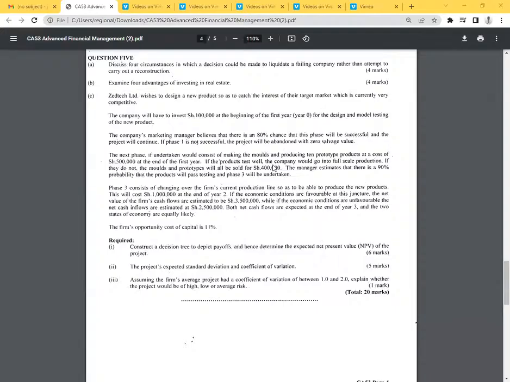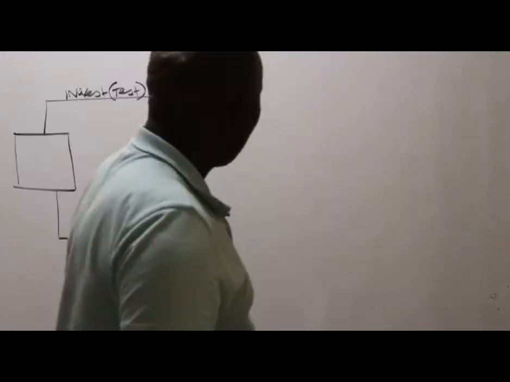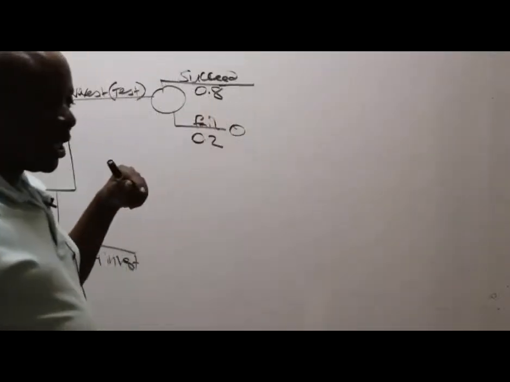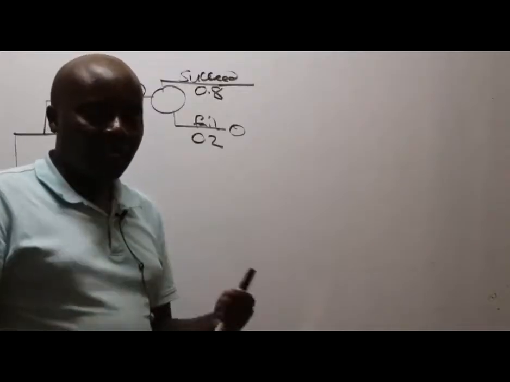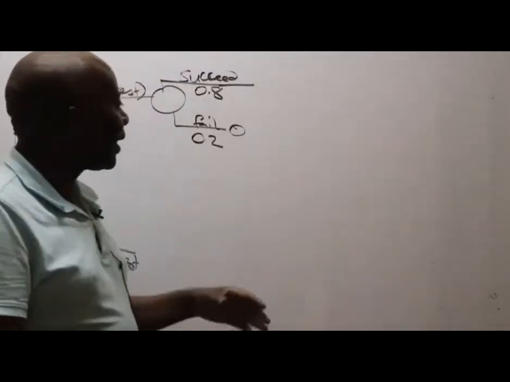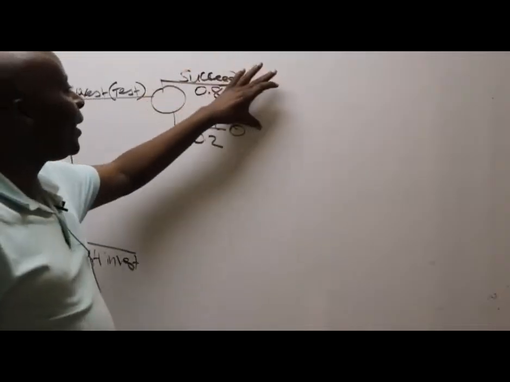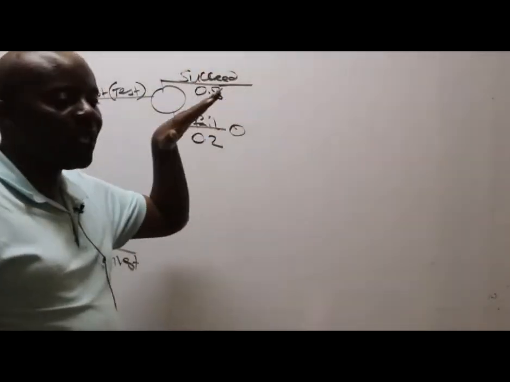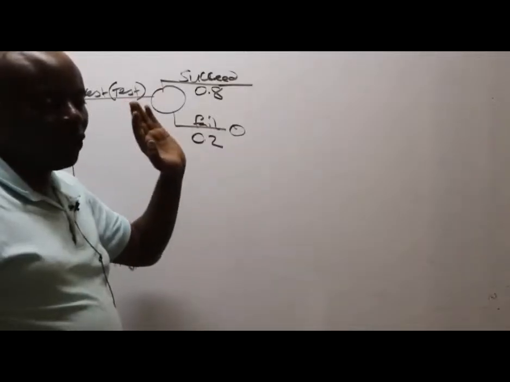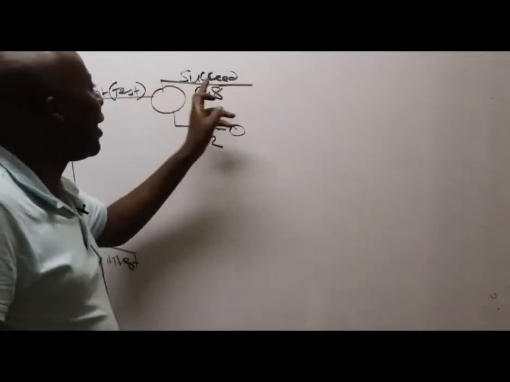If the products test well, the company would go into full-scale production. Listen, ladies and gentlemen, if we succeed in this, then straight away we shall make the molds. So basically, I should not make a decision here like a box, because if I succeed, I've already decided to make the molds. So it's like succeed and make molds.